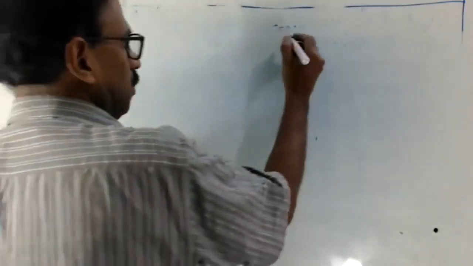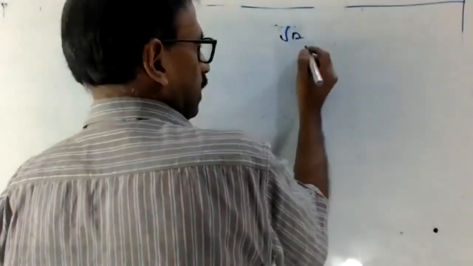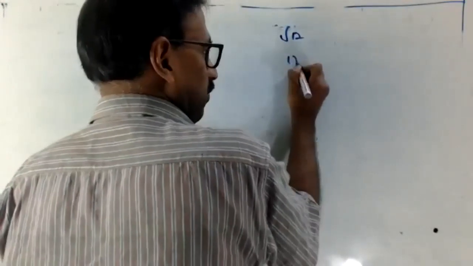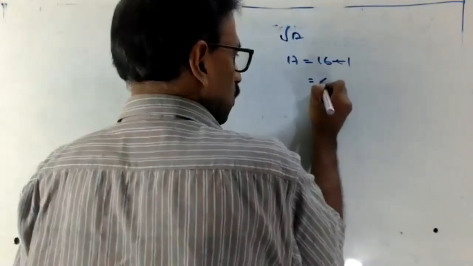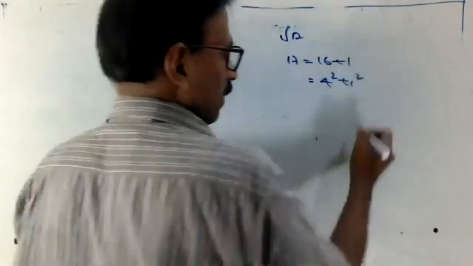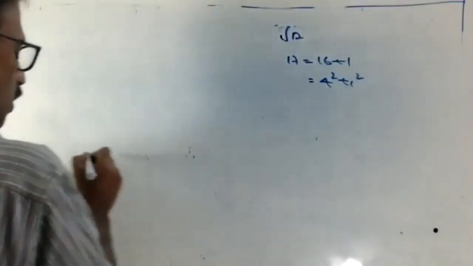First, root of 17. 17 is equal to 16 plus 1, that is 4 square plus 1 square.